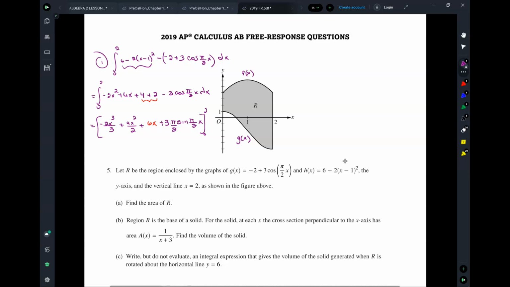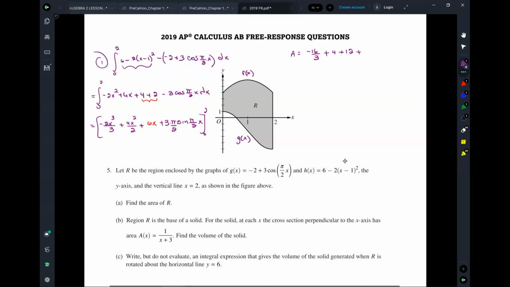So now, let's plug in the 2's. So area is negative 2 times 2 cubed, so that's negative 16 over 3, plus 2 times 2 is 4, plus 12, plus, wait, why would it be 4? Because aren't we squaring it first? Why is it 12? It's not 8.